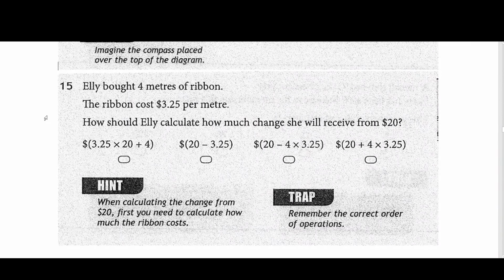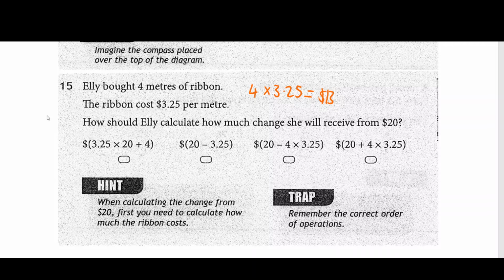Number 15. Ellie bought 4 meters of ribbon. The ribbon cost $3.25 per meter. So 4 meters of ribbon at $3.25 per meter is 4 times 3.25, which is $13.